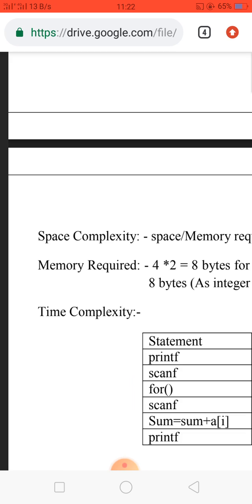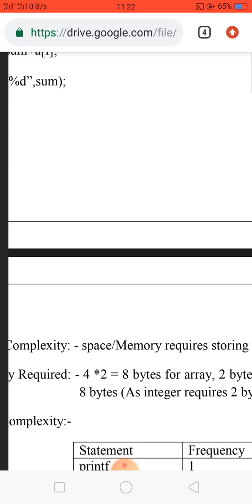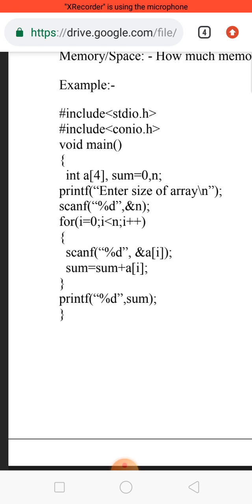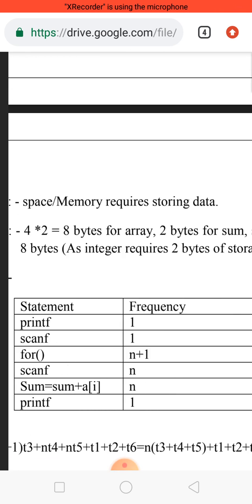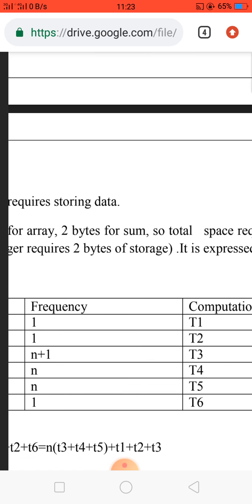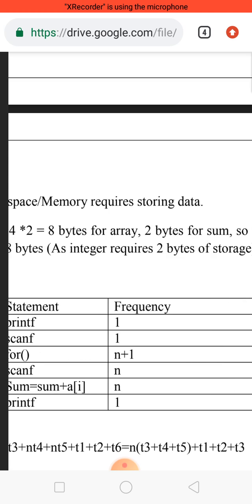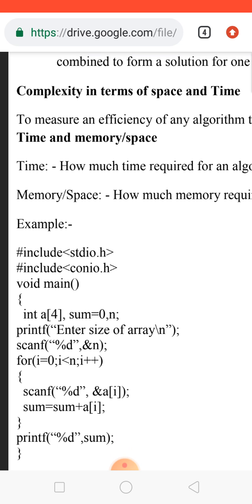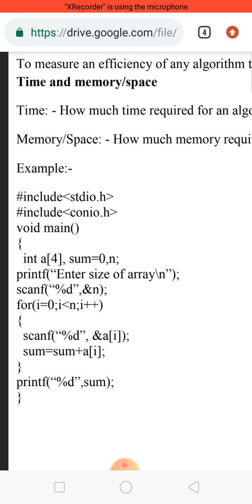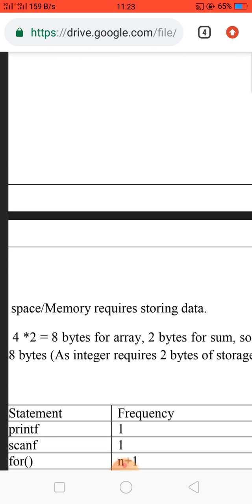The first statement, printf: how many times is it going to perform? One time, so its frequency count is 1. Suppose its computation time is t1 units of time, so it is t1. Scanf performs just one time and requires t2, so it is t2.